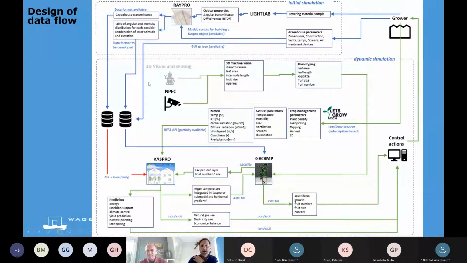So in the end, NPEC. I mentioned NPEC here. So we could say the imaging systems need to deliver, for instance, information on stem thickness, leaf area, internode length, fruit size, ripeness. So that's the phenotyping information.